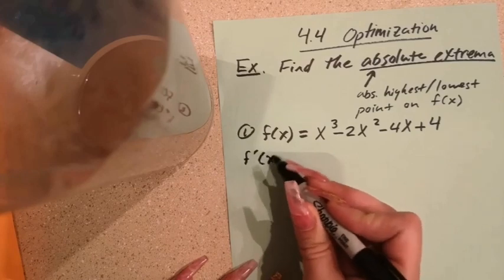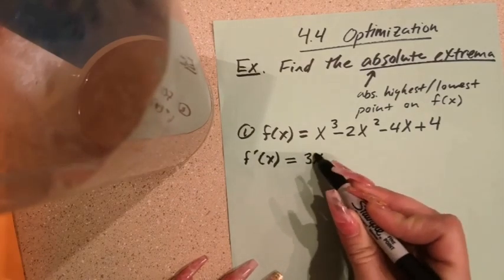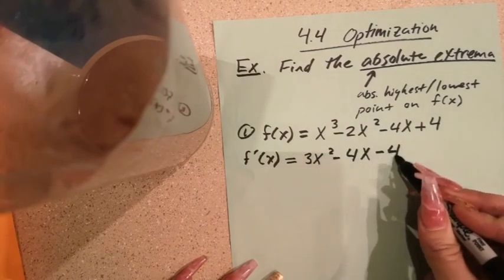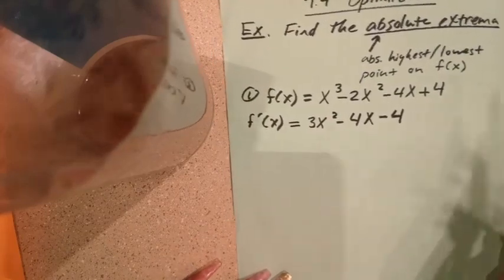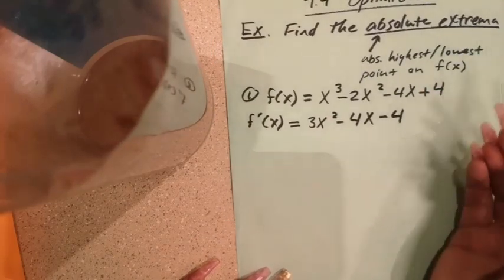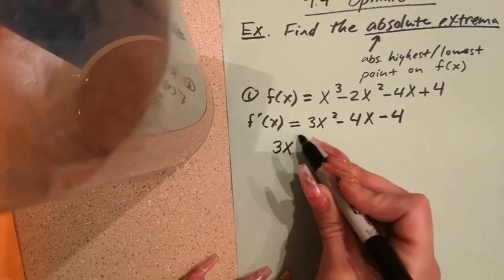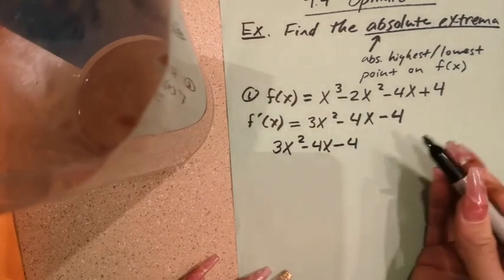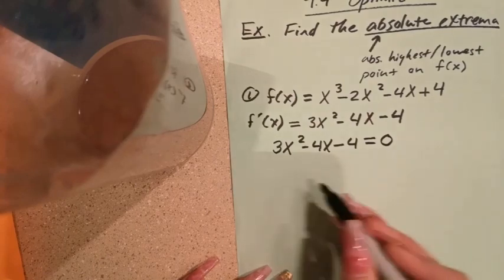I'll start by differentiating. So 3x squared minus 4x minus 4. And then if I'm looking for extrema, maxes or mins, I'm looking for where the first derivative is equal to 0. In other words, where is the slope of the tangent line 0?